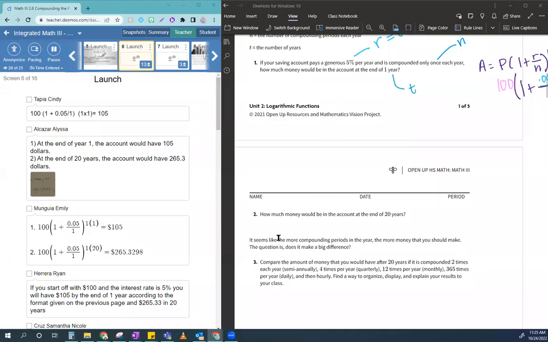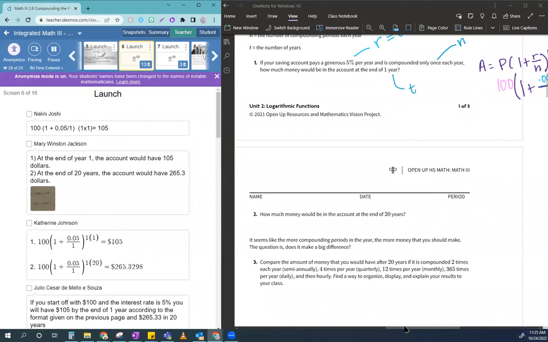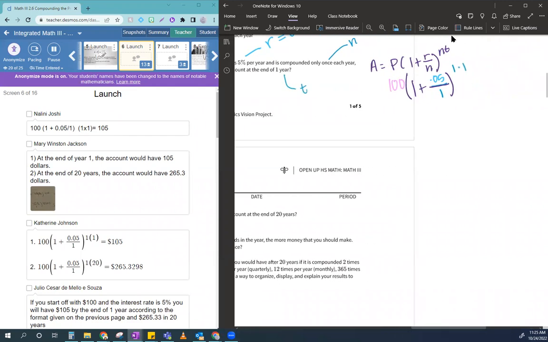All right, so for number 2, it says how much money would be in the account at the end of year 20? Again, I'm using the same exact equation here, right? So I'm going to plug this in over here.